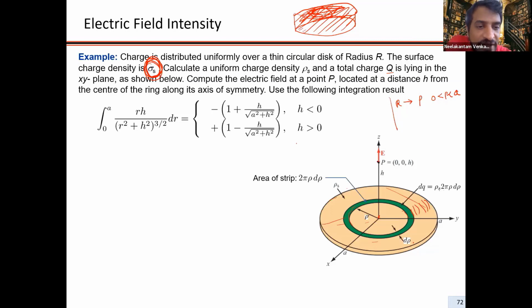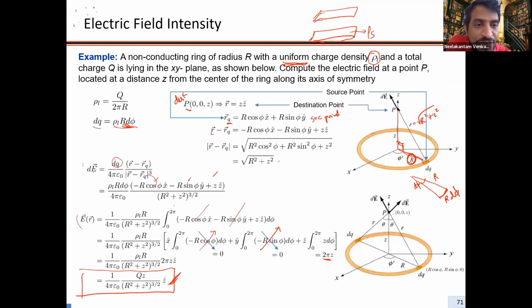Then I'm finding the field at P at this location, 0, 0, H, whereas in the previous question I was finding it at 0, 0, Z, along z hat.